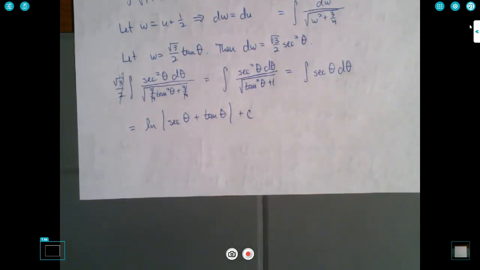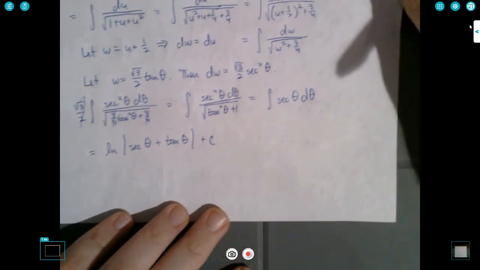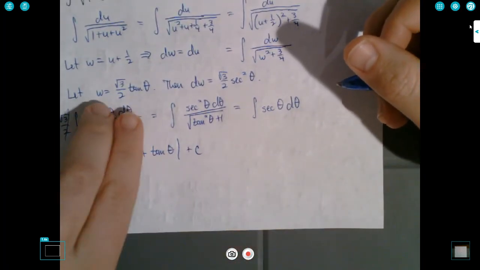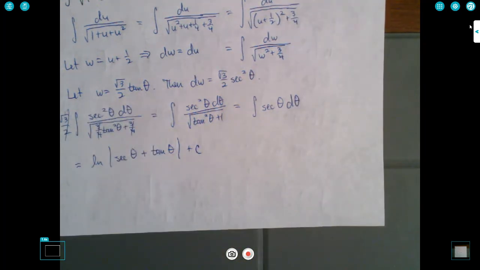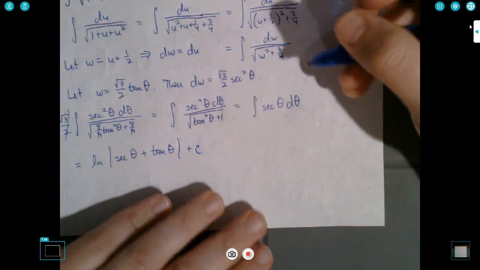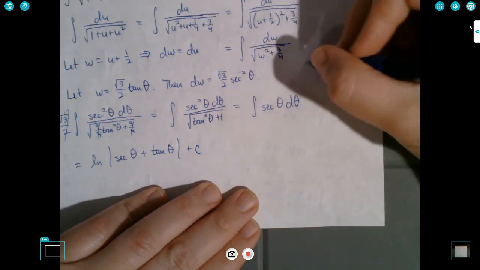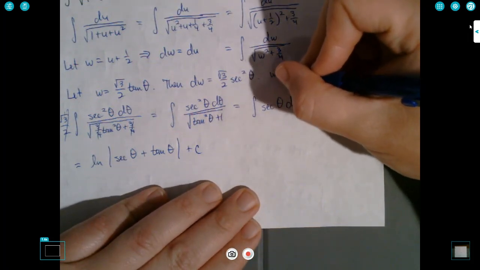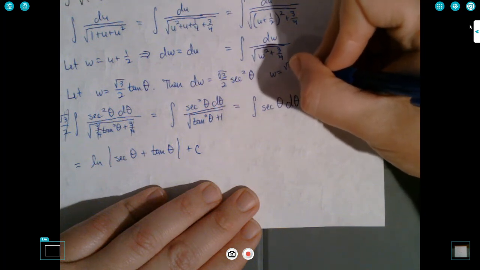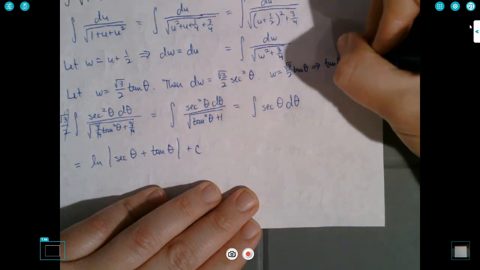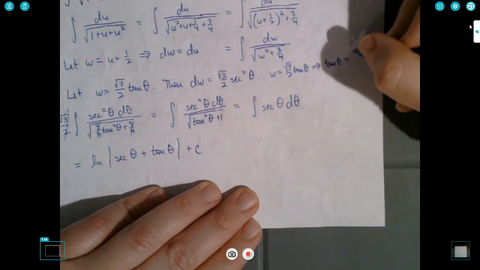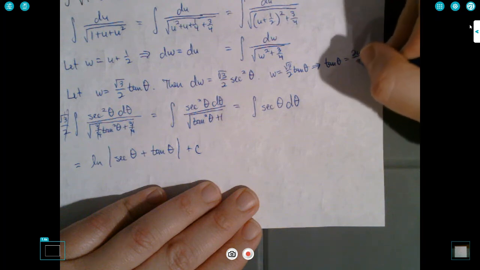And now we just have to back substitute. So to back substitute, first of all, if w equals root 3 over 2 tangent theta, then tangent theta is 2w over root 3. Right? So w equals root 3 over 2 tan theta implies that tan theta is 2w over root 3.